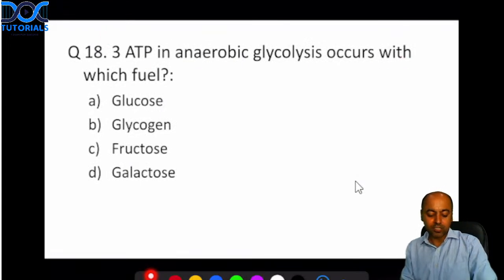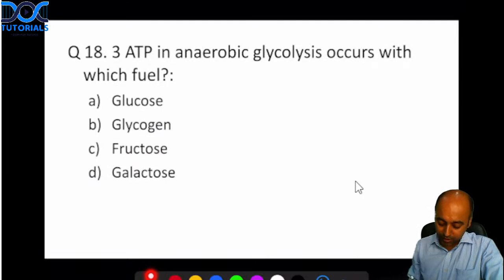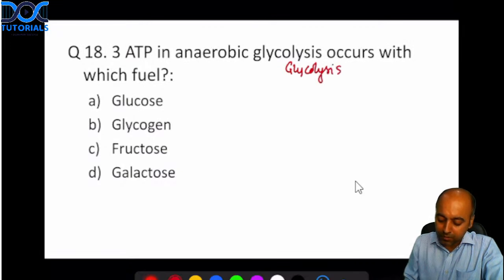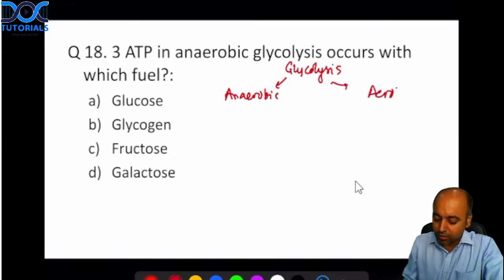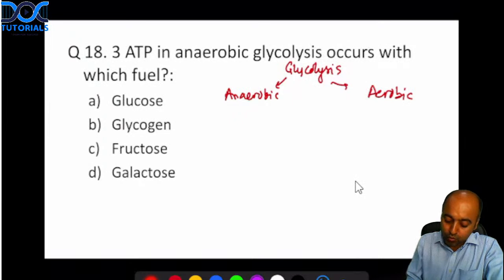3 ATP in anaerobic glycolysis occurs with which fuel? Very important question again. How many ATP are you getting from the different types of glycolysis? So very quickly I'll show you something here. Glycolysis, if you have anaerobic or you have aerobic, you can have different values.